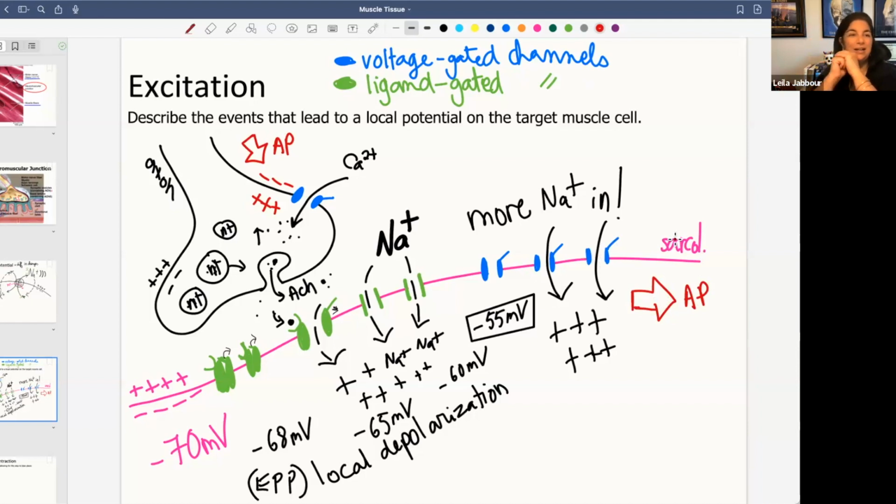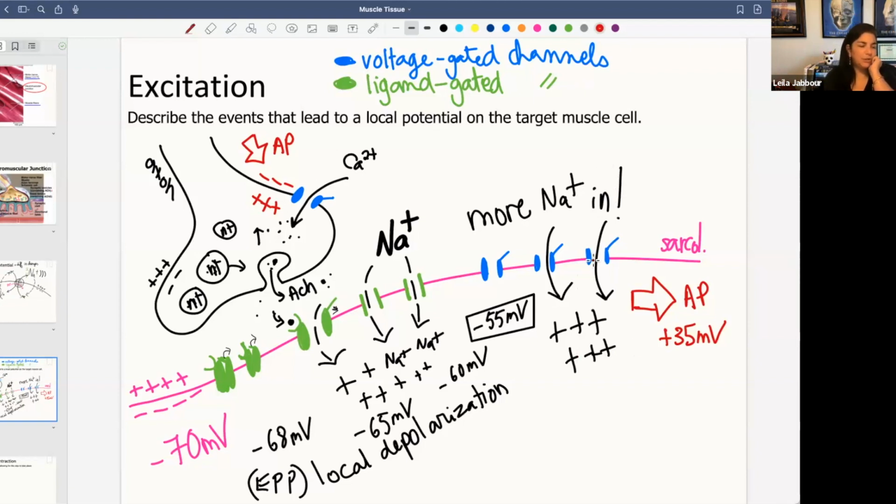It's a non-decremental event. It's just going to go all the way down the membrane. So it reaches even plus 35 millivolts here inside the cell because we brought in all of these positive charges. And then it will repolarize when we allow potassium ions to exit the cell to repolarize the membrane.